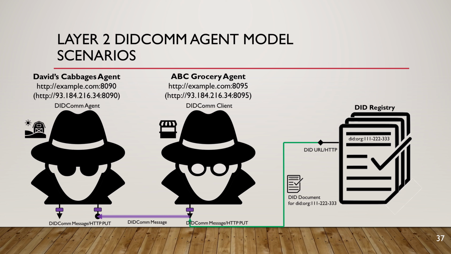We'll get the service endpoint and the URL from that DID document, and we'll do the outbound processing of that message, and then we will send it across. That authenticated encrypted message, we'll send that across to David's Cabbages agent, where the little blue purple box there will do the inbound processing to do the decryption and authentication.